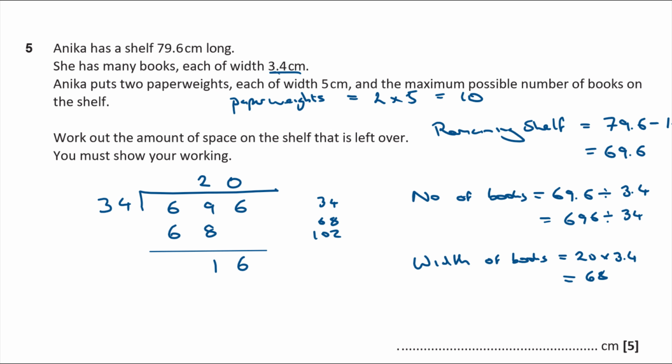Remember I had 69.6, so shelf remaining then is going to be 69.6 minus the 68, and that comes out to be 1.6 centimeters.